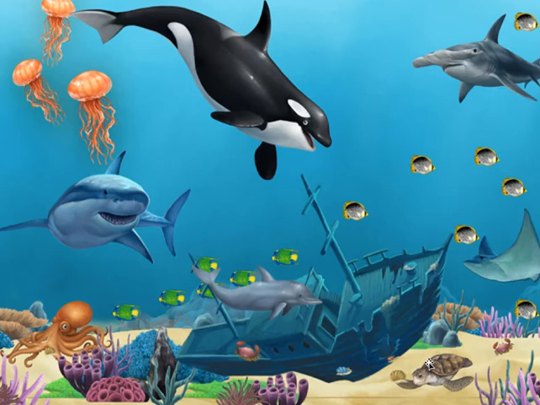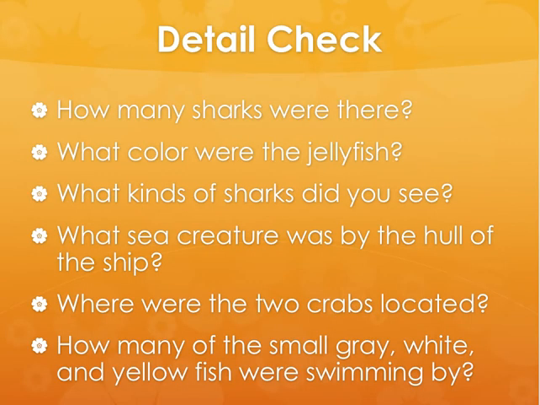If you wanted to say a sea turtle, a crab, they're all towards the front of the ship. How many crabs are there in the picture? There's 1, 2. And how many of the small gray, white, and yellow fish? 1, 2, 3, 4, 5, 6, 7. So how many of those 6 questions did you get right?